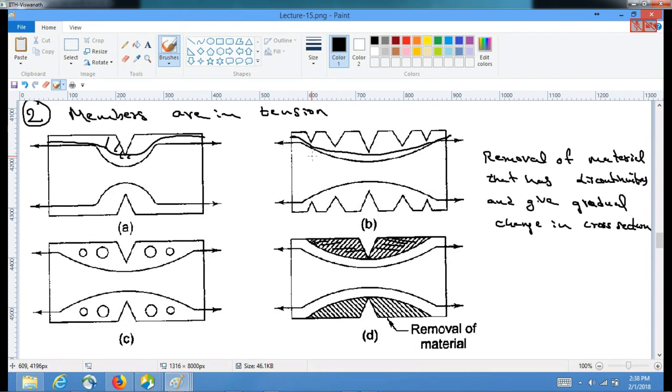That is the best manner in which you can avoid the influence of the discontinuities, because these would cause very high stress concentrations as well as stress singularities. Instead of having that, you can give a removal of material to avoid them.